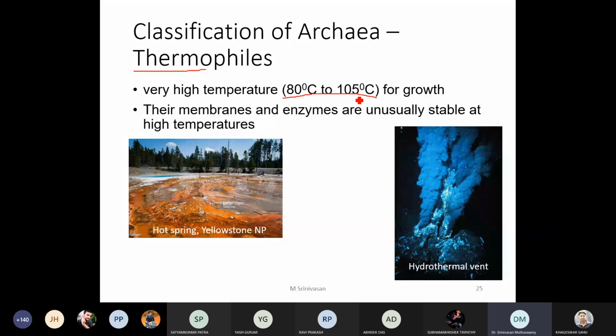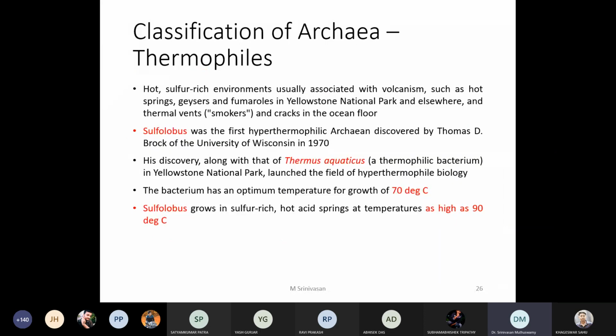And these organisms have evolved in such a way that they are able to withstand such high temperatures. Their enzymes, membrane structure, and other proteins have evolved to withstand such high temperature conditions. The examples of these thermophiles are Sulfolobus and Thermus aquaticus.